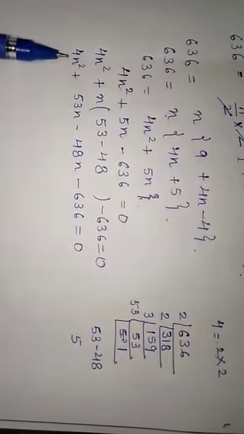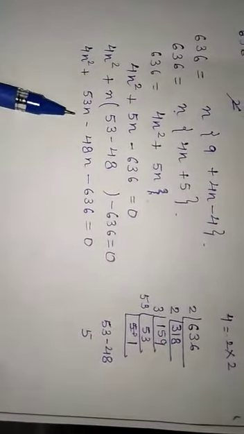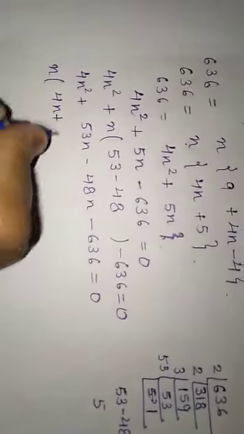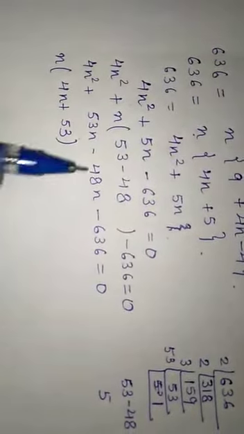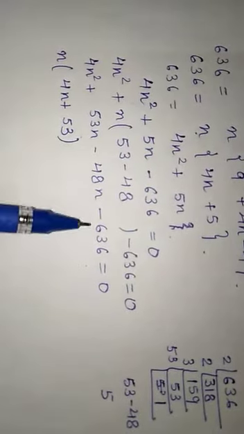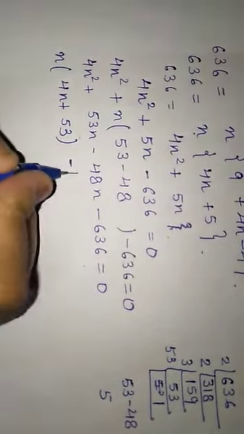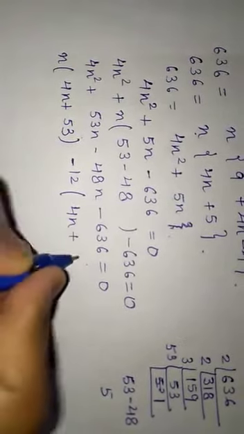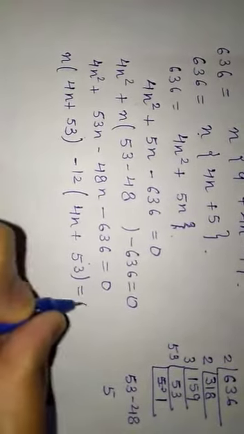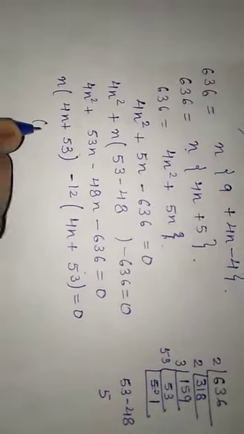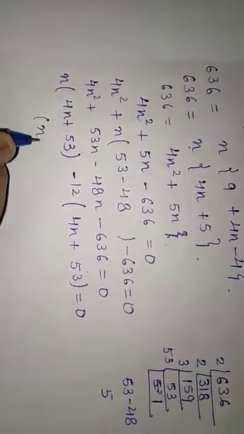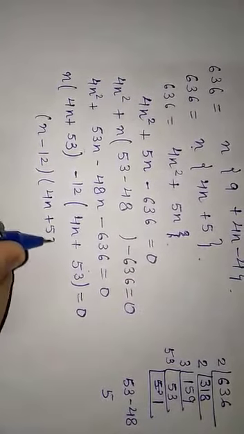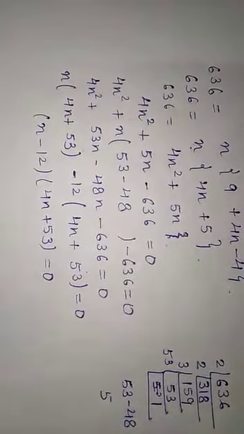The common part in the first group is n, so we have 4n plus 53. In the second group, the common term is minus 12. So we have in bracket 4n plus 53 is equal to 0. Then the solution is (n minus 12) and (4n plus 53) is equal to 0.